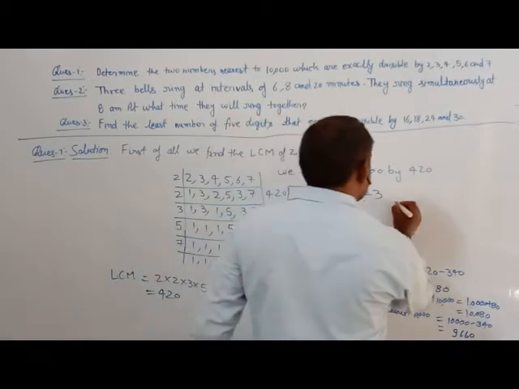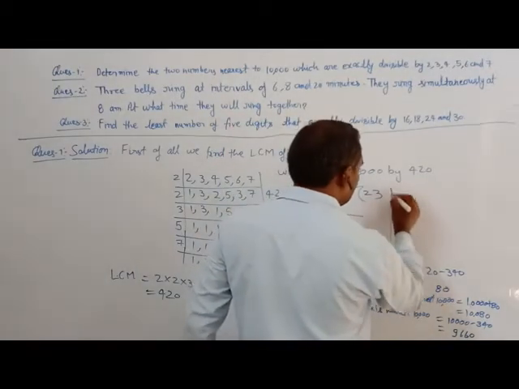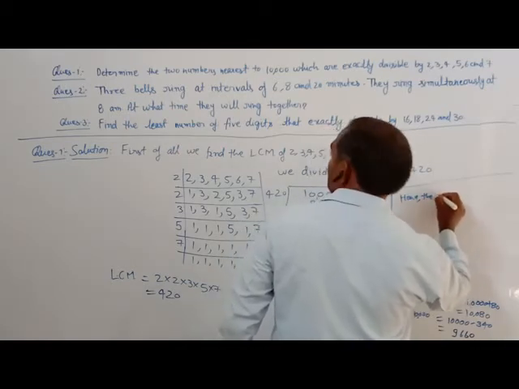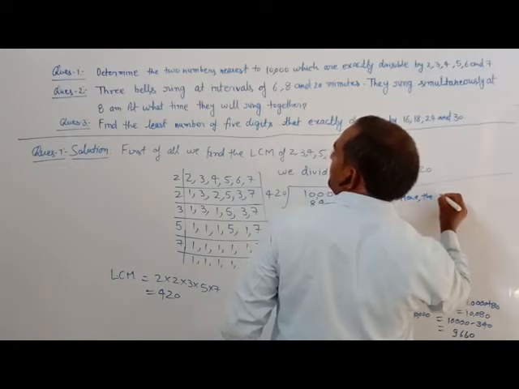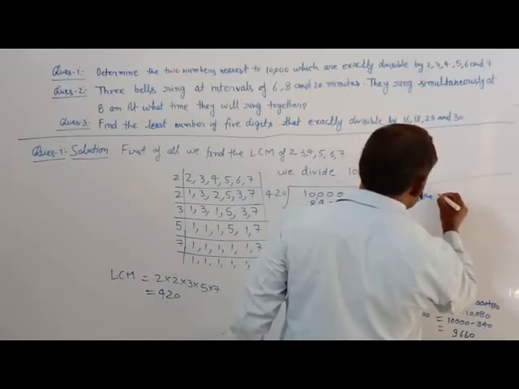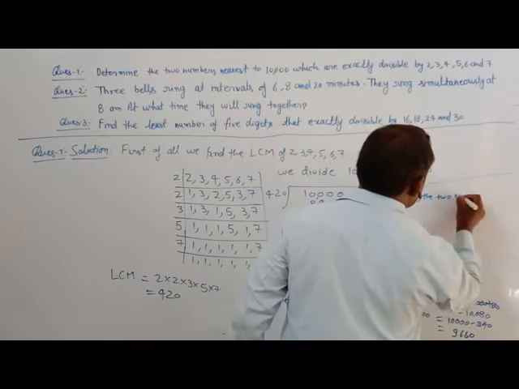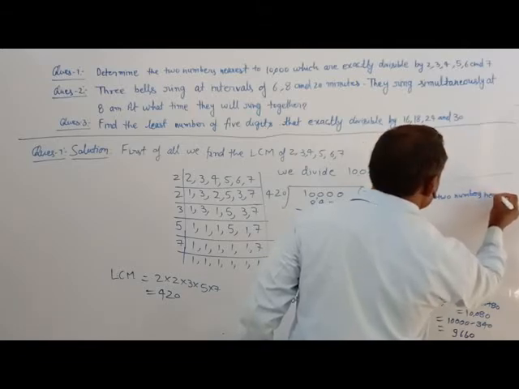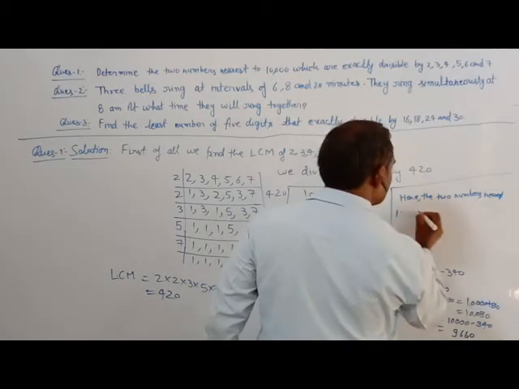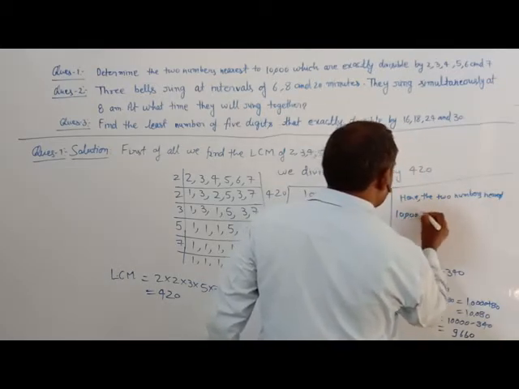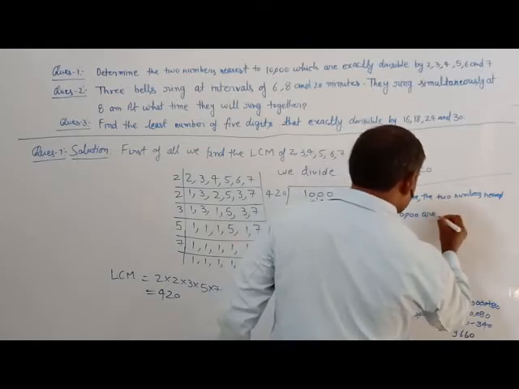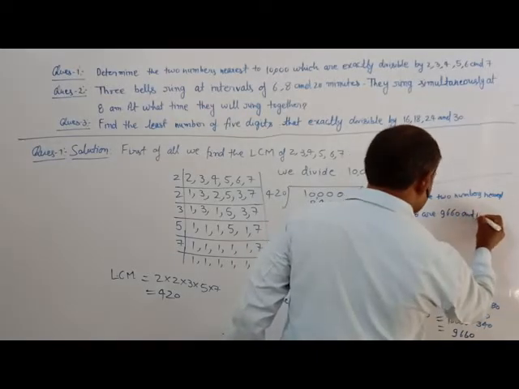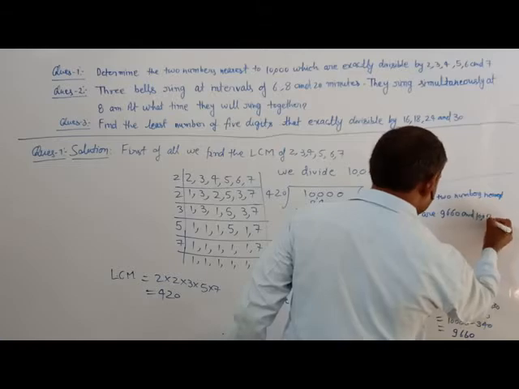So hence here we have to balance. Hence the two numbers nearest 10,000 are 9,660 and 10,080.